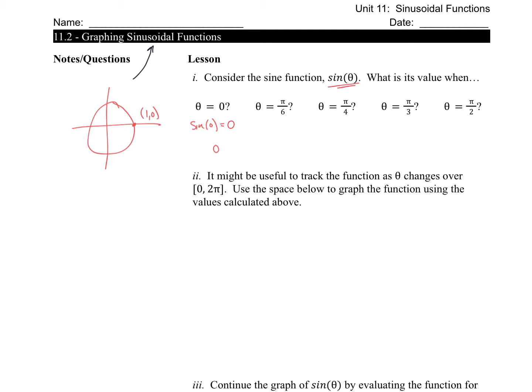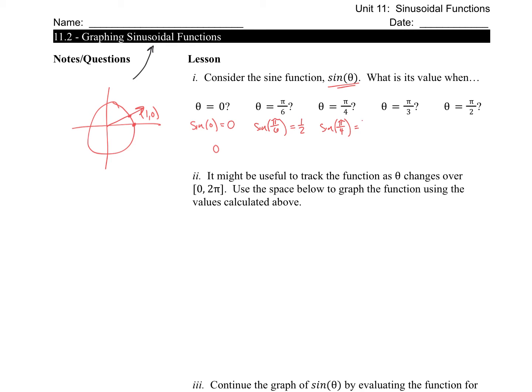If theta were pi over 6, we can look back to the unit circle. That is our first special angle. At that point, the y-coordinate is 1/2. Hopefully we remember that. And then we have sine of pi over 4, which is 1/4 of the way to pi, and that's going to be halfway in the middle of quadrant 1.